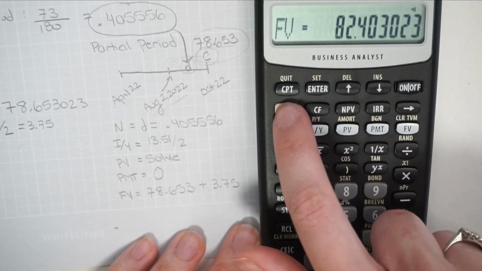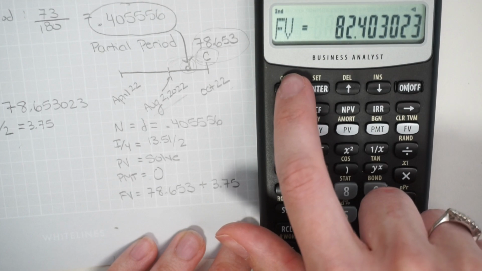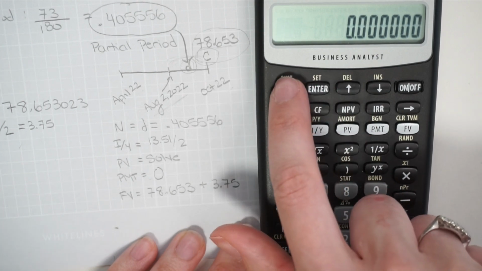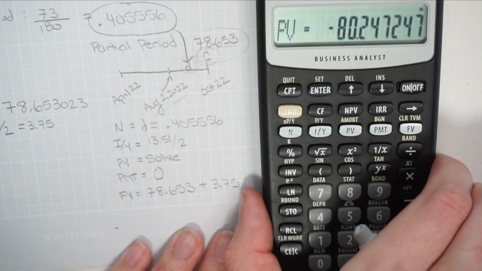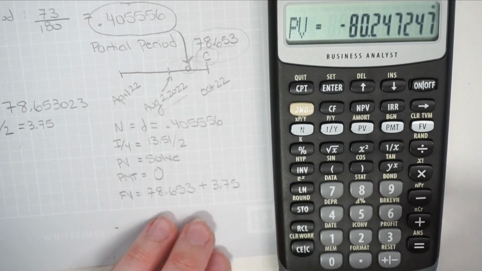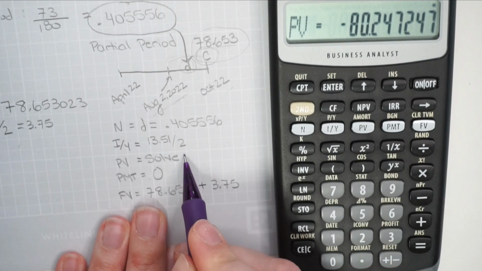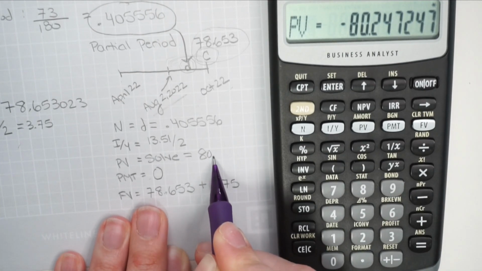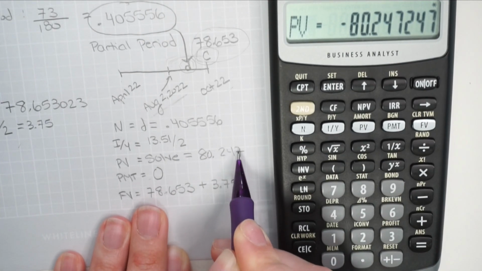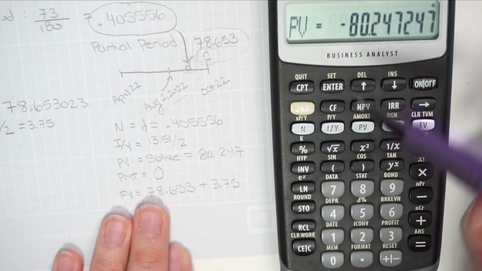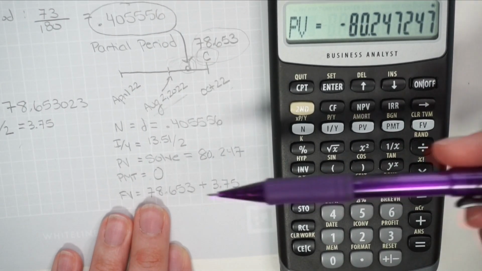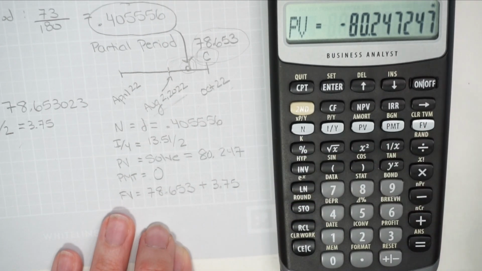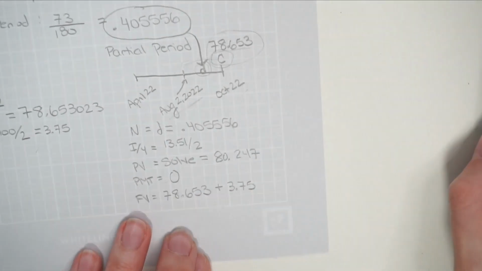Now when I finish, I'm going to do second, compute to quit out, then press the compute button again, lastly present value. So here I end up with 80.247. We'll round that. Again, you'll notice it's a negative number because it's thinking you're buying this bond for $80 and then you're receiving those cash inflows in the future as a positive number.